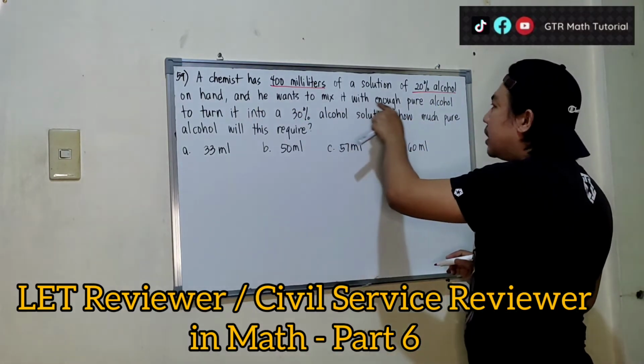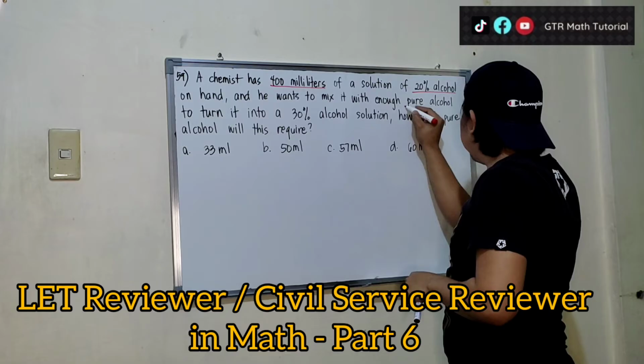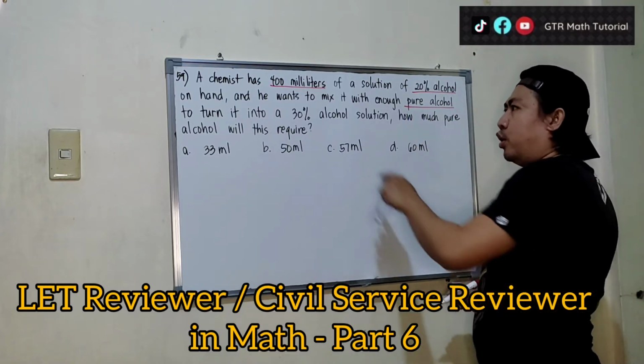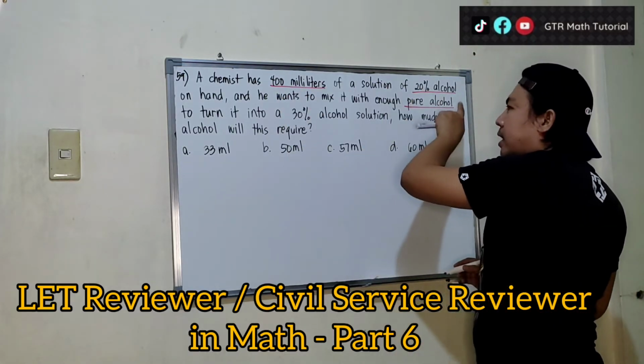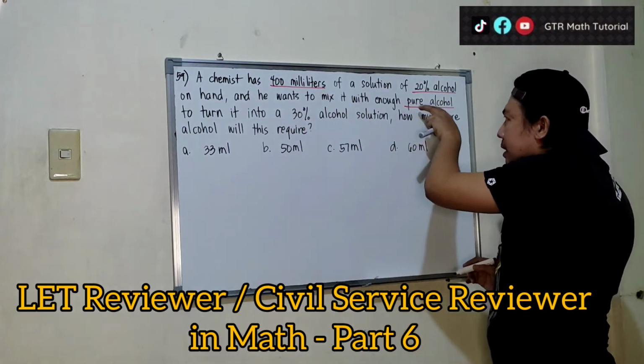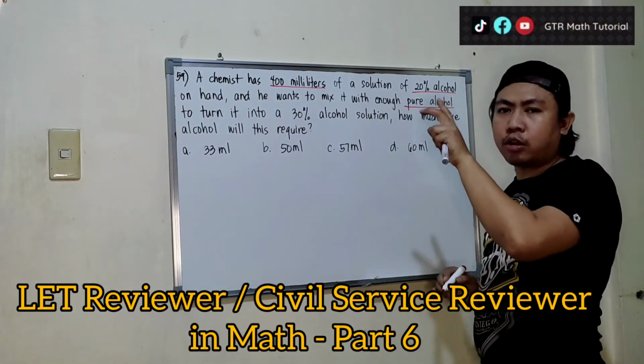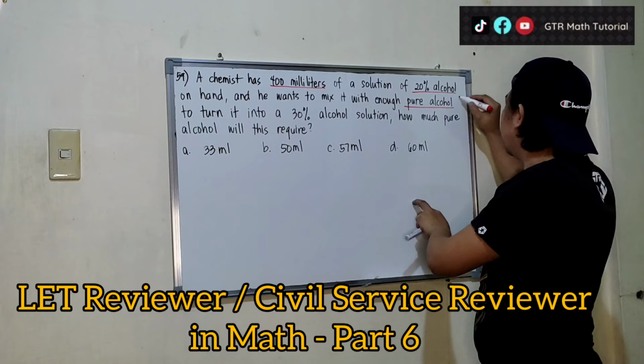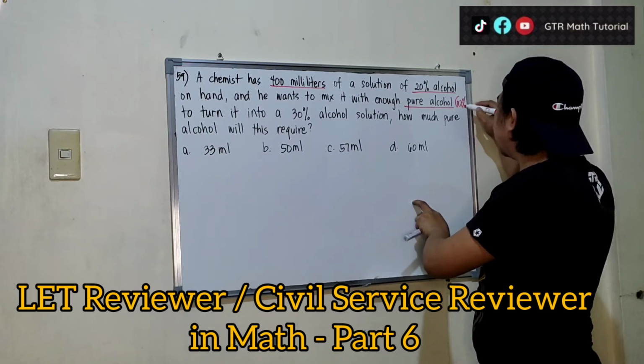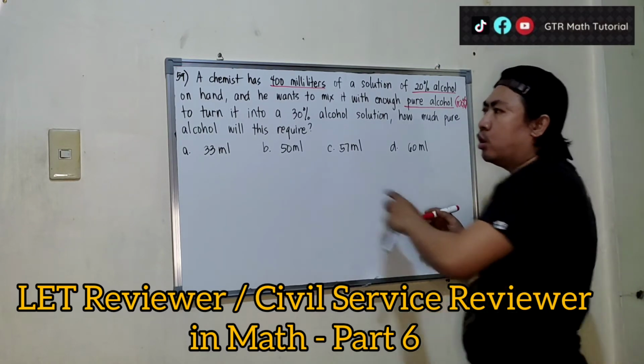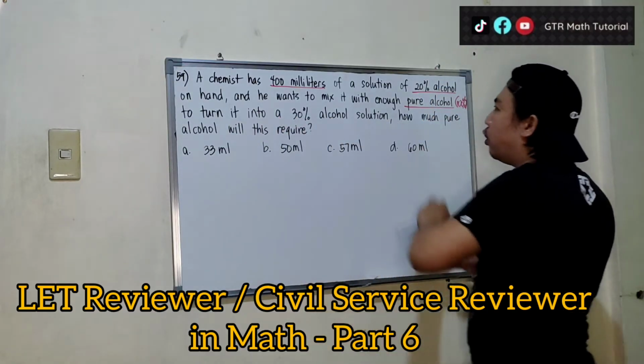And he wants to mix it with enough pure alcohol. So yung gamit niya 400 na 20% alcohol, imimix niya sa pure alcohol. Pag sinabing pure alcohol, that is 100%. So 100% to turn it into a 30% alcohol solution.